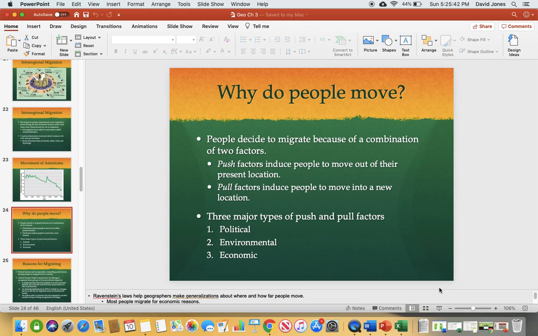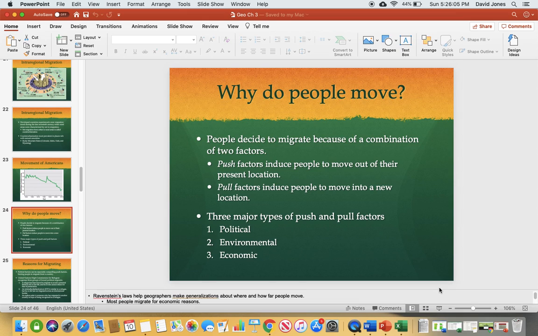Now, when people move, there are push and pull factors that lead them from a place and to a place. That could be a political factor, such as restricted rights in an area. If you're a woman in a country where you don't have any rights, that may lead you to move to a country where you have greater rights. The push factor would be lack of rights, and the pull factor would be having rights.